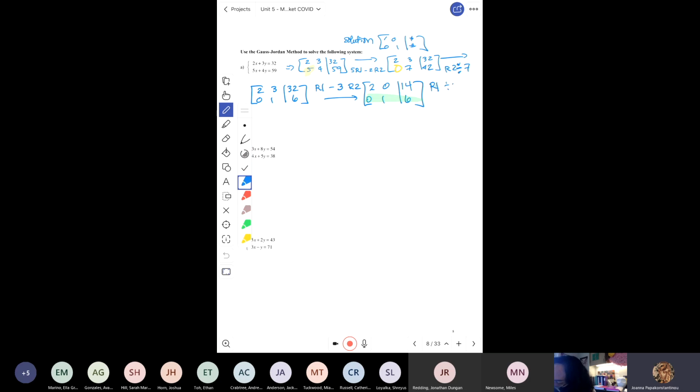Row 1 divided by 2. Okay, so now my row 2 didn't change, but what's my new row 1? Okay, I know my X, I know my Y. If I were to rewrite that, this is telling me that X equals 7 and Y equals 6. Make sense?